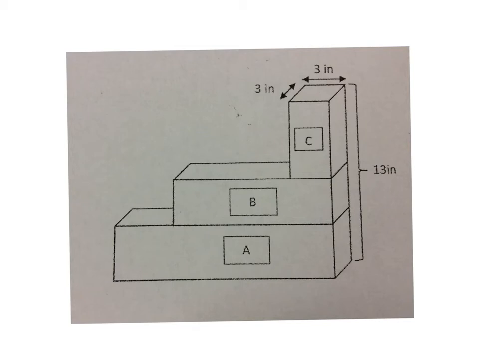Do I know the distance from here to here? What is that distance? 3 inches. Because this one is the same as this one. Do you see that? Okay. Explain to your neighbor why you know that this measurement is the same as this measurement. Go. I didn't take a picture of the directions, so in the directions it tells you some of the other measurements.